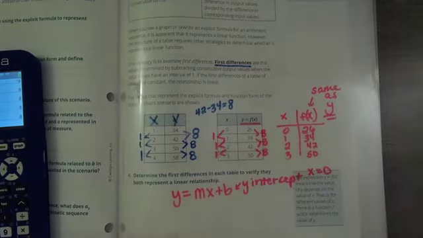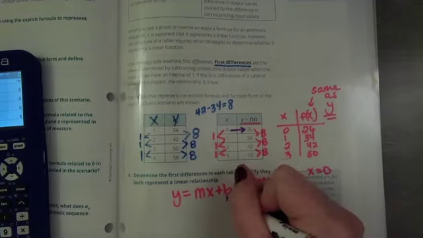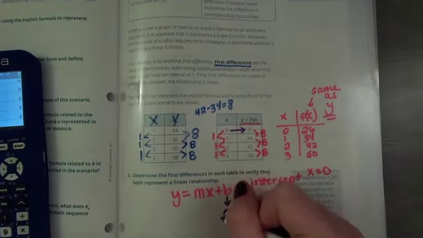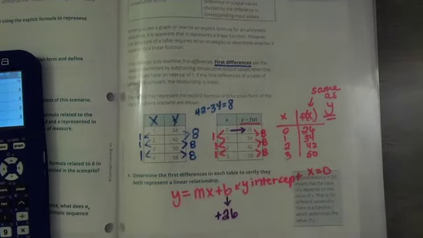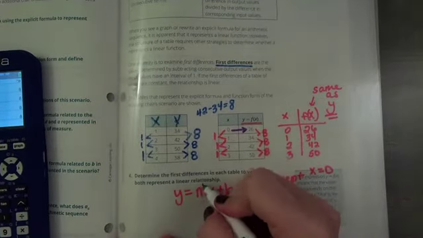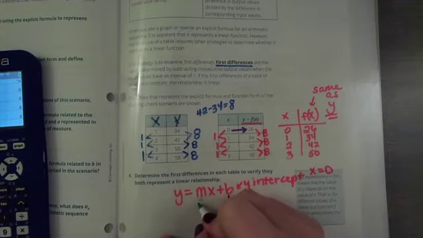So our b would be 26, plus, remember the m, I've already used red, sorry, let me use green. The m is the slope.